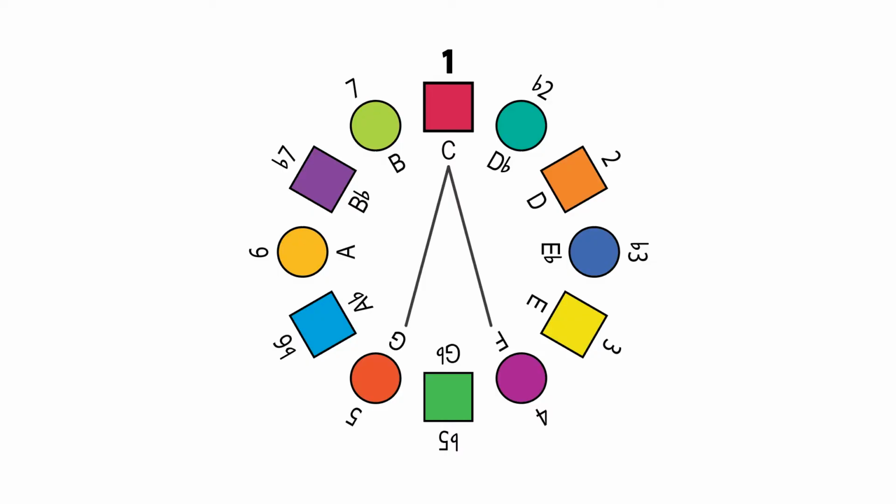These alphanumeric characters, C, F, and G, or 1, 4, and 5, are kind of dispassionate, sterile labels that don't really communicate, wow, there's a strong connection between these notes and intervals, C, F, and G, or 1, 4, and 5.